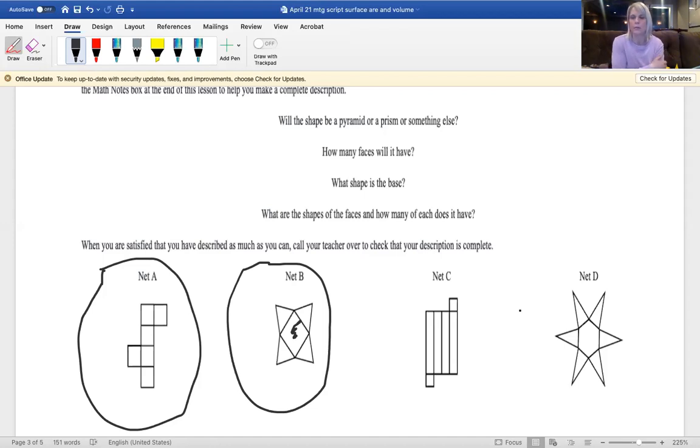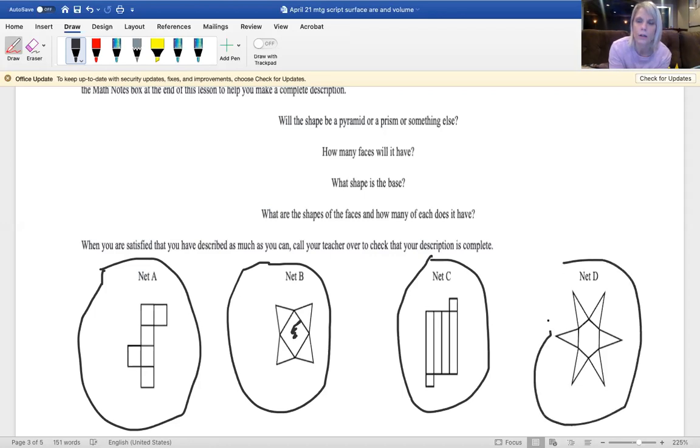We already saw this one. So what would you call net D? So we have net C, rectangular prism. Net D, what is this called? Good. This is another hexagonal pyramid, again, because you have 1, 2, 3, 4, 5, 6 sides on the base.